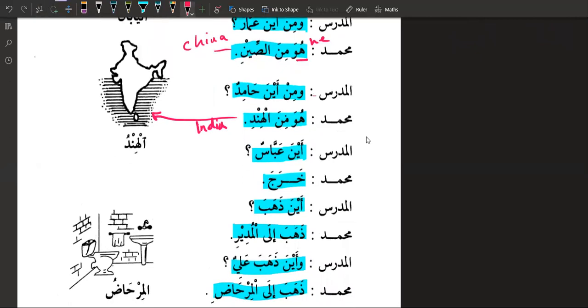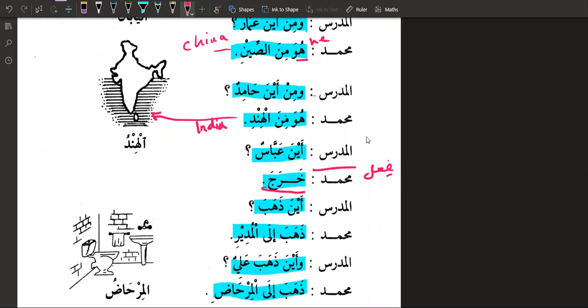أين عباس? And then he asks, أين عباس? Where is Abbas? He says, خرج. So خرج, as we know, we call it هو, or we would say خرج is what we know as a فعل, which is a verb.